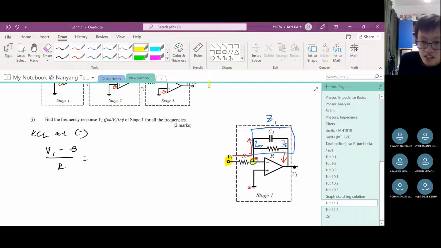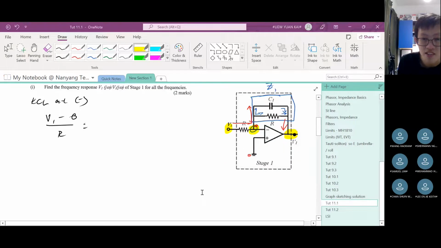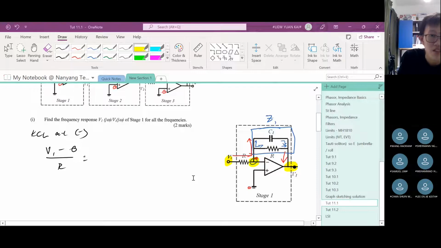So it starts here and ends here. The ending is V1. Oh, sorry, this one is VI. I made a mistake because it was too small and I couldn't see the dot. So it starts at V minus, which is 0, and ends at V1 divided by Z1.